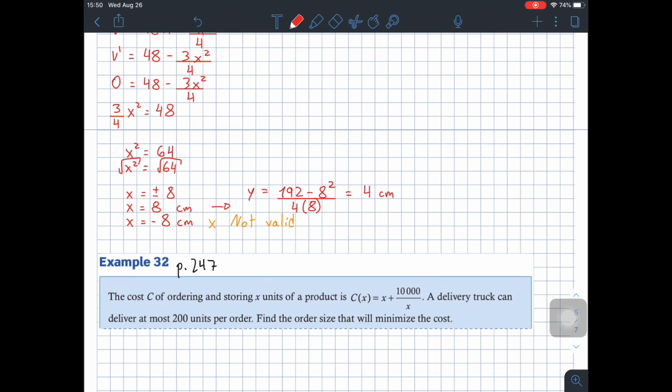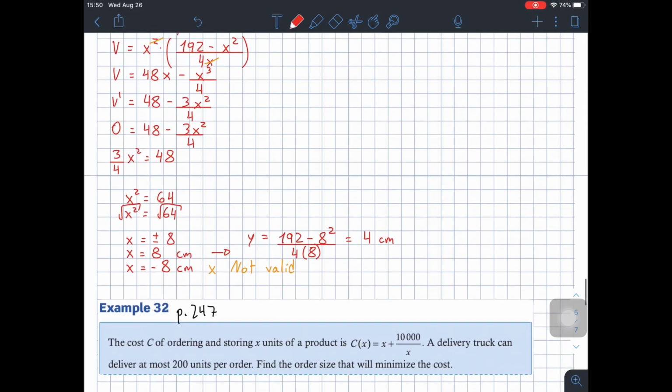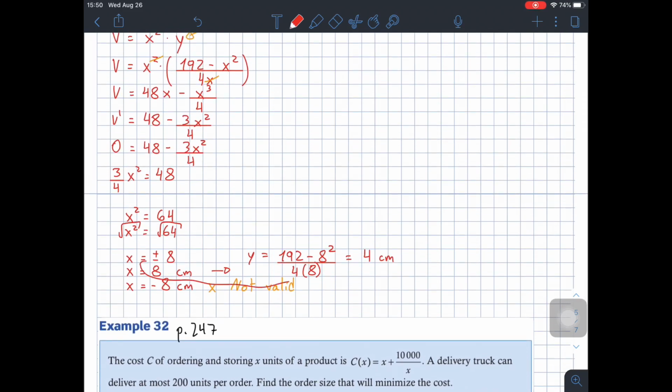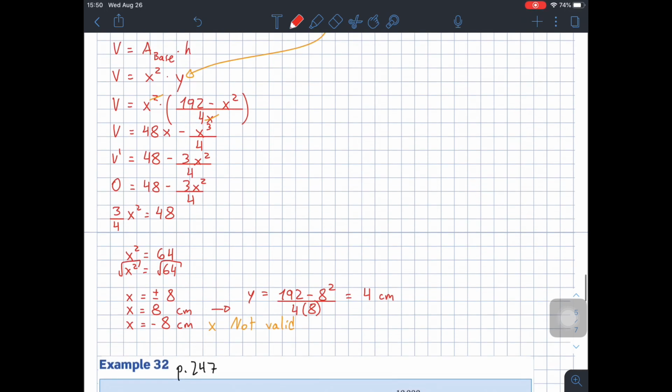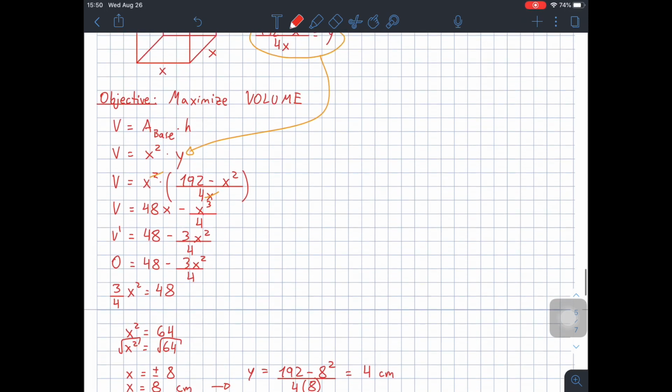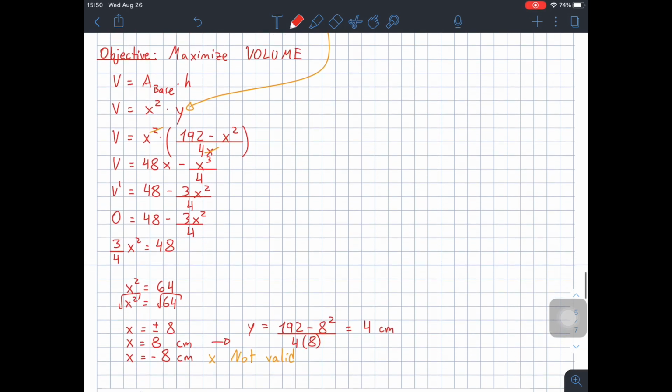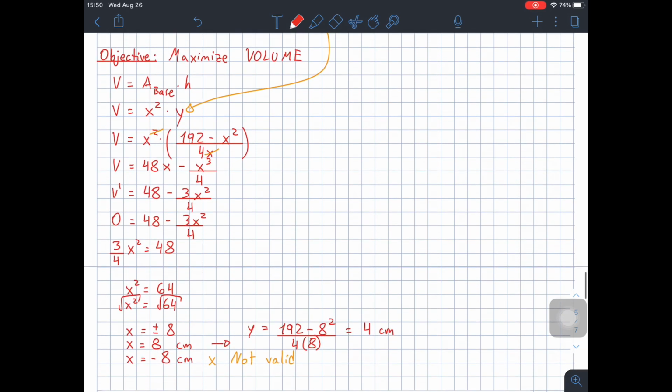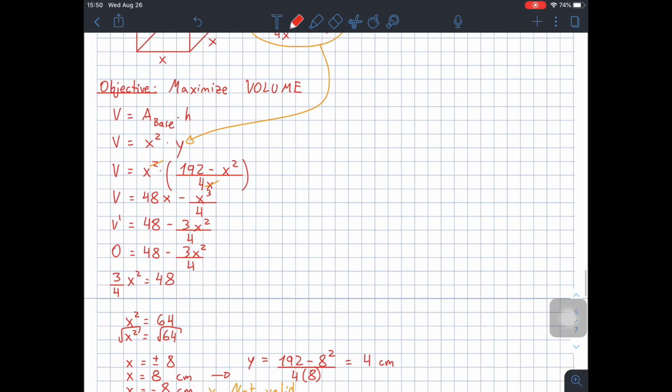But before stating that this is the final result, we still need to prove that this pair of values, 8 and 4, actually correspond to a maximum, because we want to maximize volume. So that's exactly what we're going to do. We're going to prove that. In order to prove that, I first need to find the second derivative.